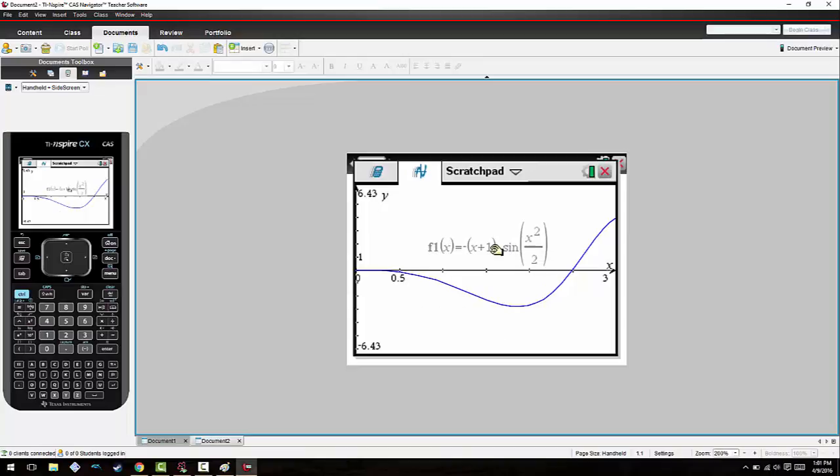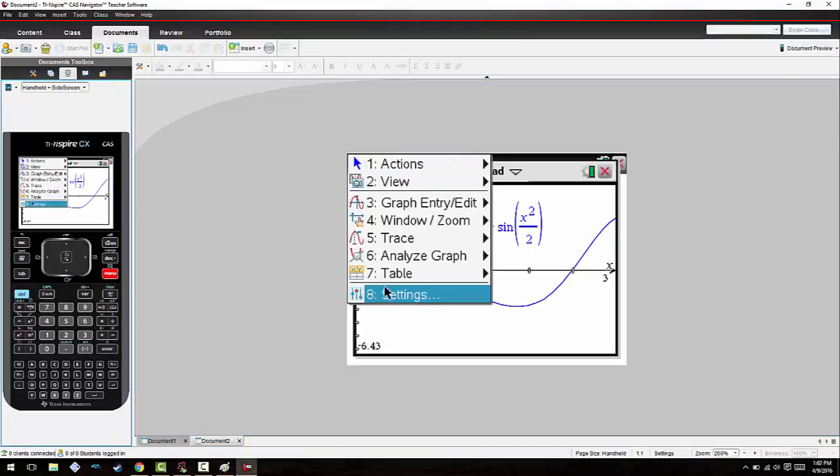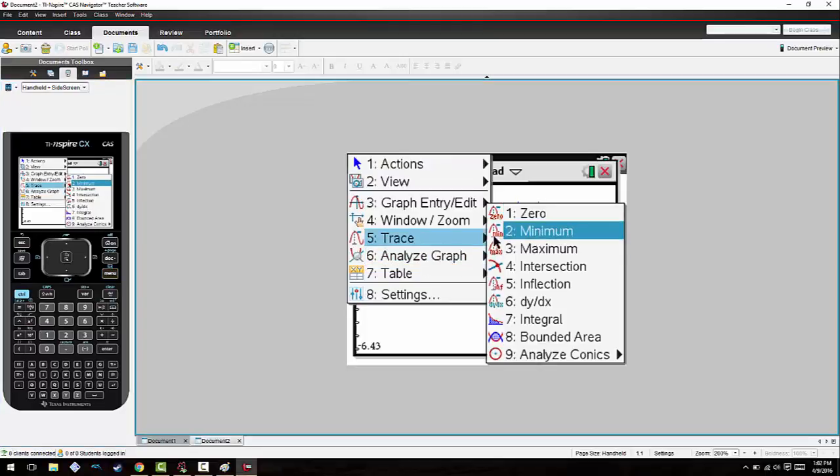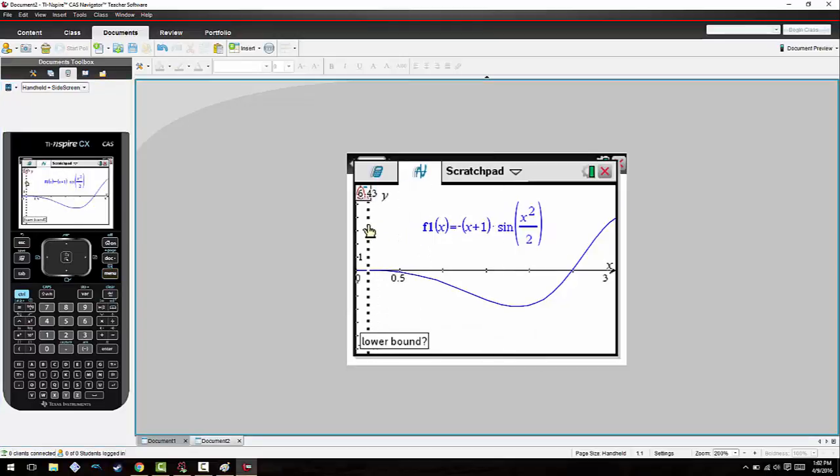All right, cool. So that's what we've got right here. I'm going to go and find out. It looks like this is a candidate right here, but I don't know if it's crossing the x-axis here. You see how it looks like it's kind of close? So I'm going to go and find every single point of intersection. Analyze graph. 0. I'm going to start from the beginning, my lower bound, all the way to my upper bound. Oh, it looks like that's the only one that shows up.